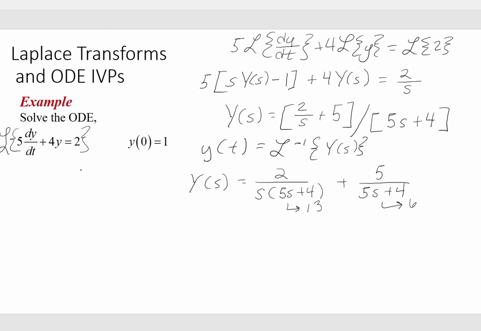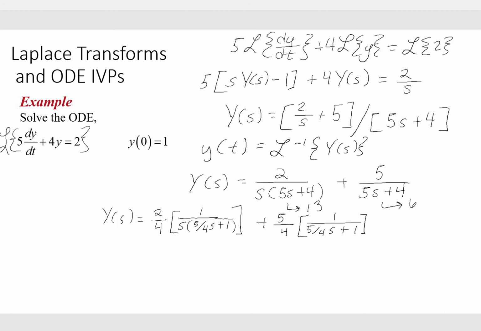So I'll rewrite Y(s) equals 2 over 4 times 1 over s times (5/4 s plus 1). That's our first term, plus 5 over 4 times 1 over (5/4 s plus 1).